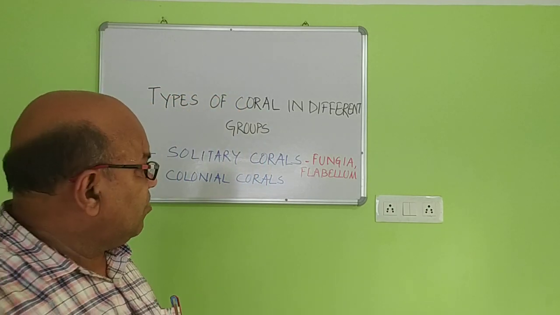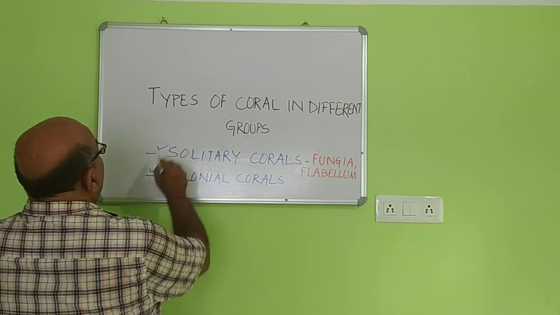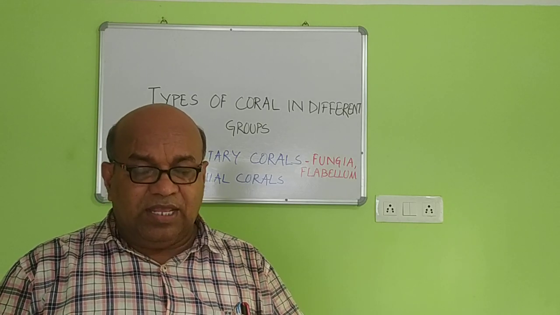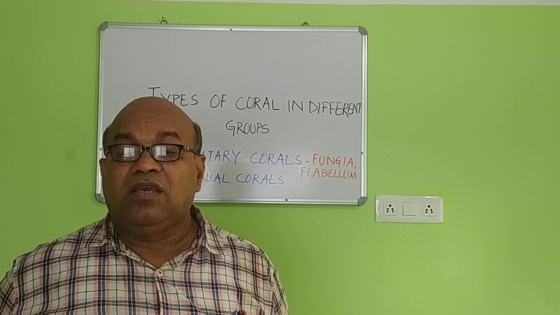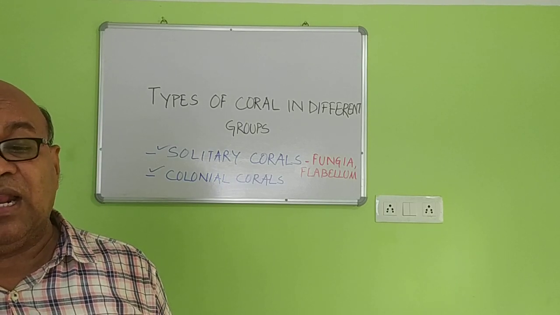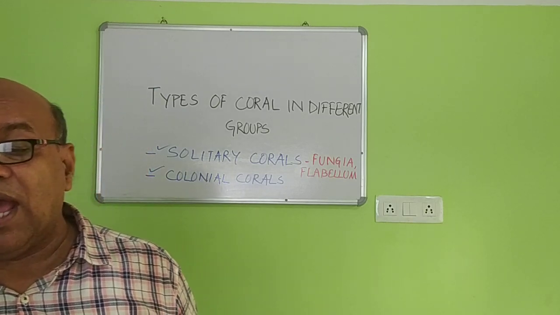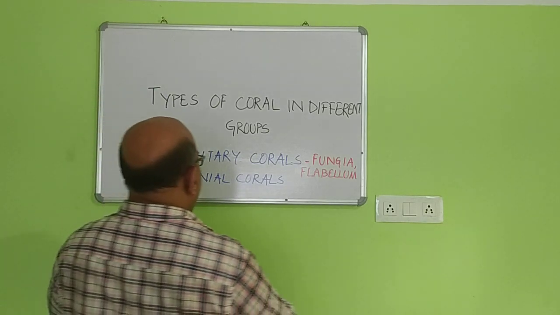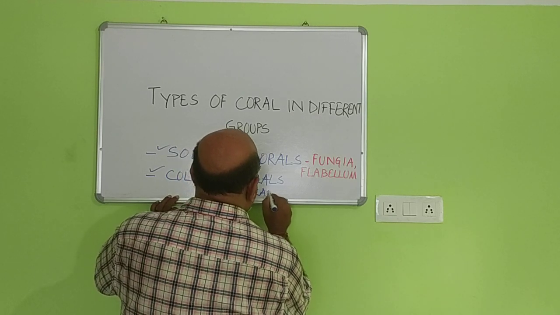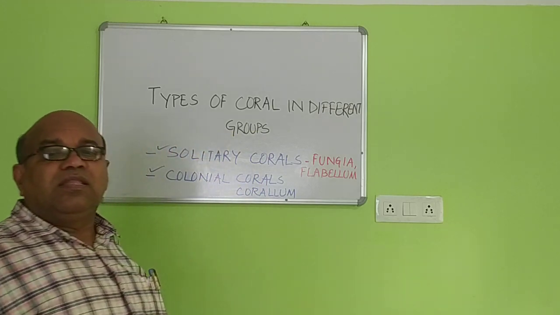Next are the colonial corals, and colonial corals usually form colonies. The colonial corals are the corals with a special or vase-shaped skeleton, which is called the corallum. You find one skeleton called the corallum in there.